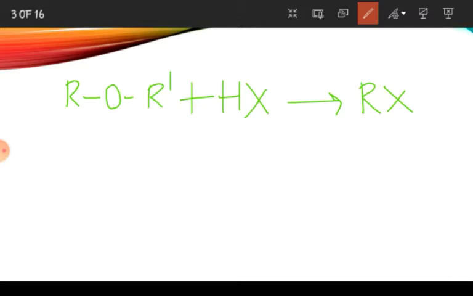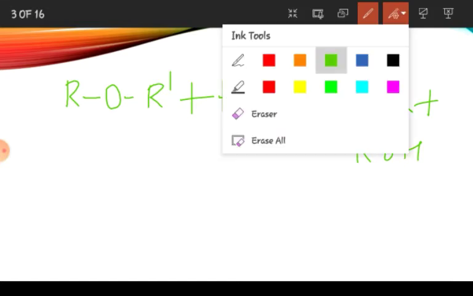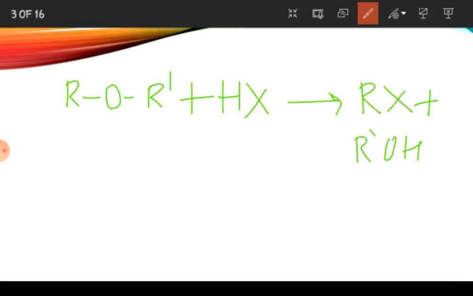RX plus R dash OH we will get. Now how will we decide where the bond will break, whether it will break from here or from here, and which alkyl part will form halide and which alkyl part will form alcohol.